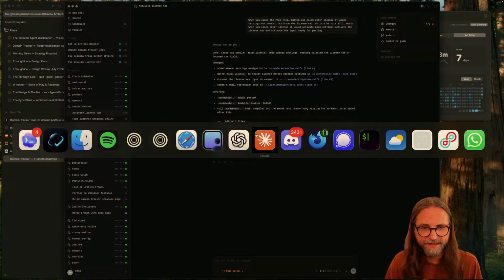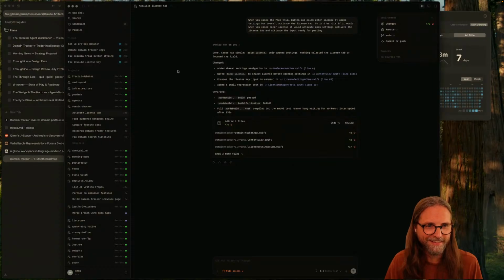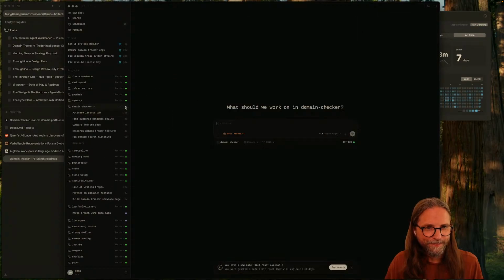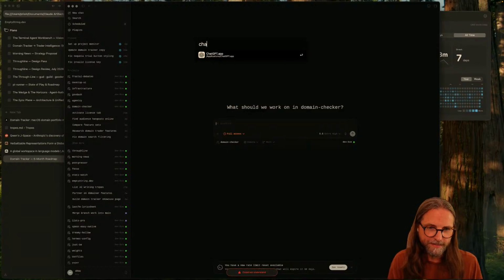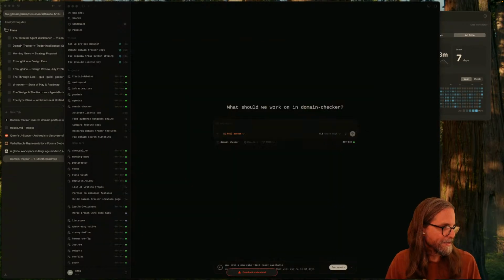Oh, we need to fix the icon. Look at that. It's got Tahoe stuff. And it's big. It's too big. How did I do that? I think I did that with ChatGPT. Flipping it.